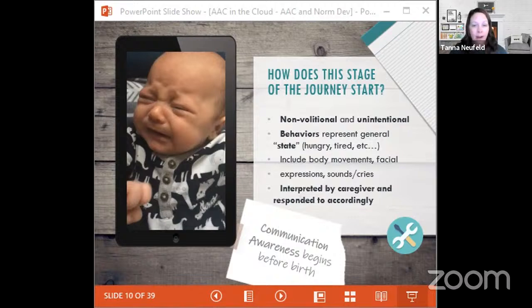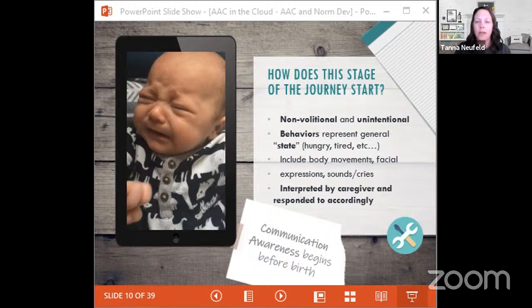So as a caregiver, as I'm watching this baby, I'm going to be interpreting this fussy behavior, this facial expression of grimace, this mouthing of the hand as a hunger cue. And I'm going to respond, and I'm probably going to talk about what I think that means with this baby. And already he's going to start getting that input around, oh, what's wrong?